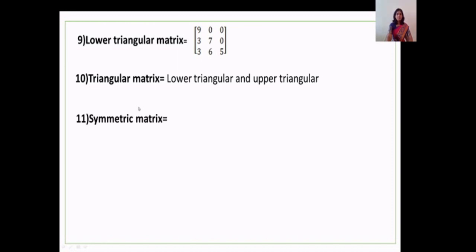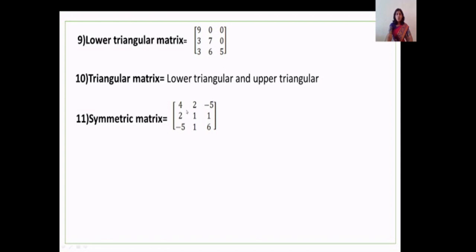Then next, symmetric matrix. What is a symmetric matrix? It is a square matrix in which the corresponding non-diagonal elements are the same. Diagonal elements don't matter, whatever they are. Here the non-diagonal elements: here is 2, here is 2, here is -5, here is -5, here is 1, here is 1.